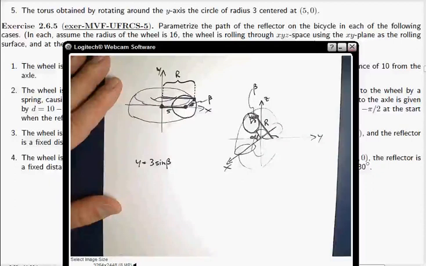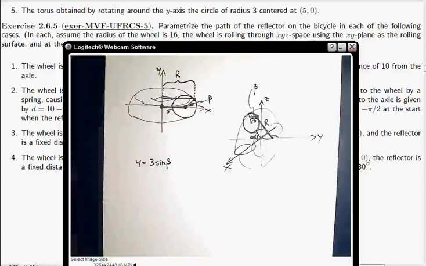Yay, nay? What do you think? Is that believable? I'm going to redraw a picture or something, or is everybody okay with that? You don't look happy. Not happy?